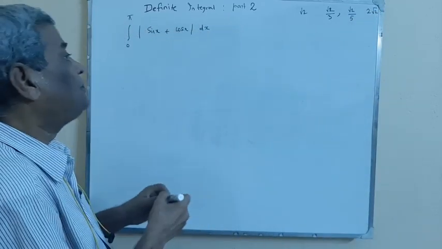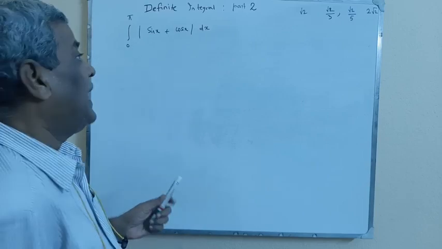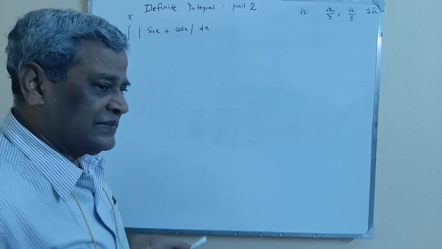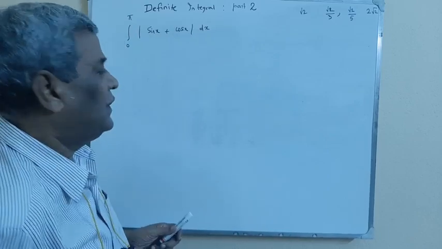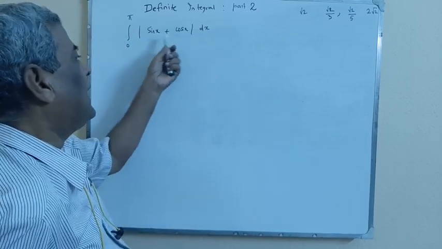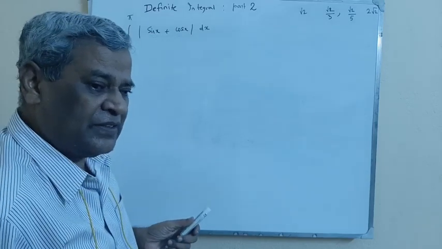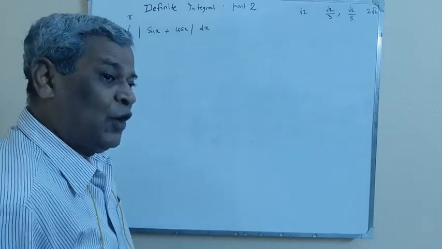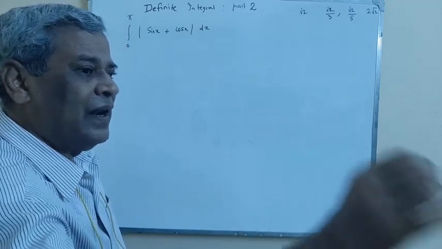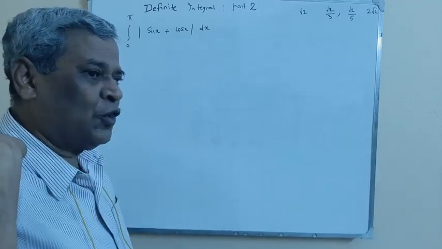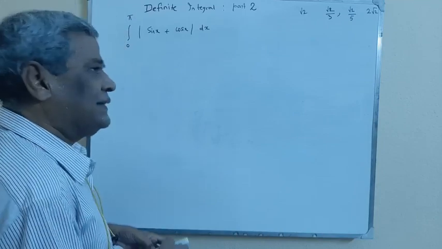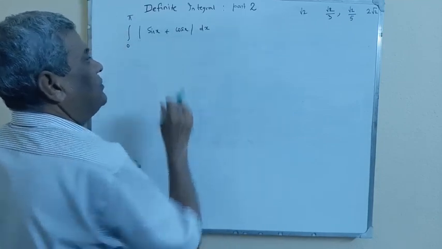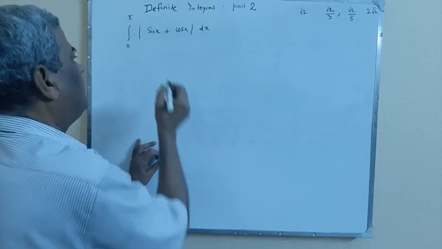Here also it is a mod function, and two functions are separated by a plus or minus sign. First of all, because both are trigonometric functions of the type sin x or cos x, we can combine them as a single sine function or cos function. First of all, I try to combine them as a single function.